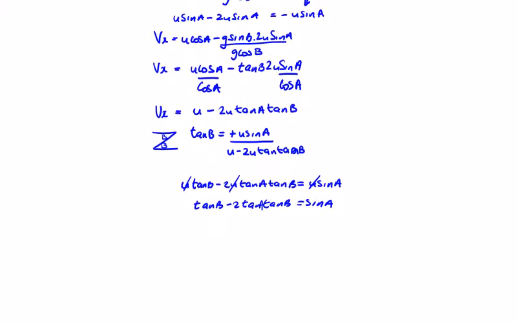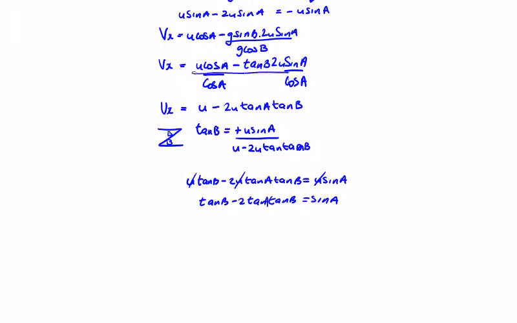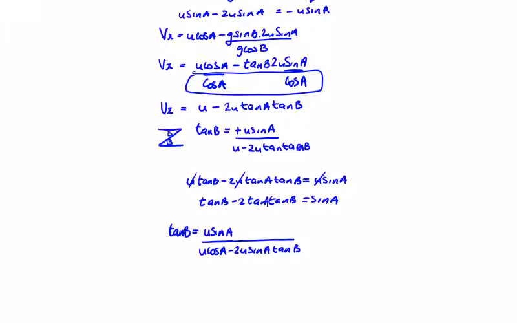I'm thinking I may just reverse tack and not divide by cos A here first. So let me write tan B is equal to minus u sine A over, that's Vy over Vx, which is u cos A minus 2u sine A tan B. I didn't divide everything by cos A the previous time. I think it's a mistake.